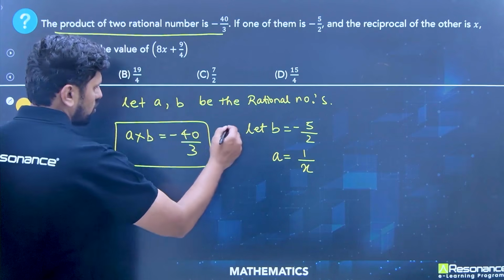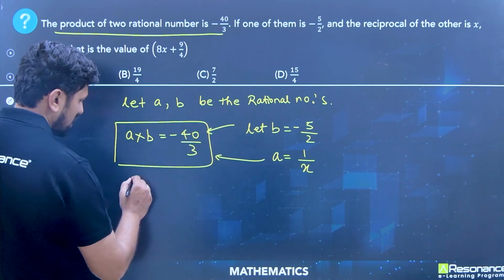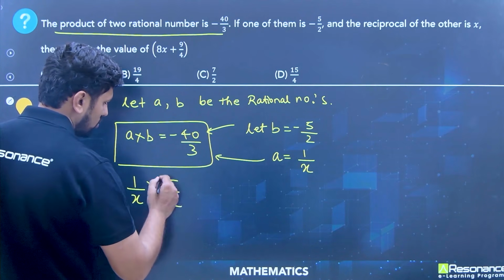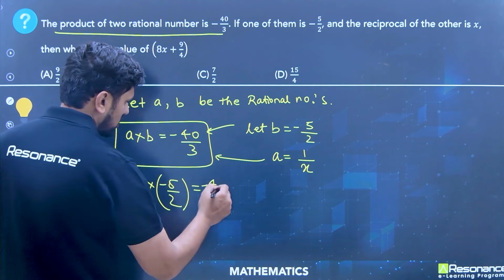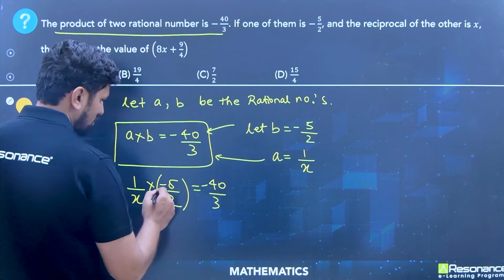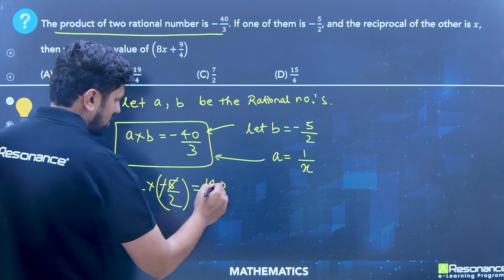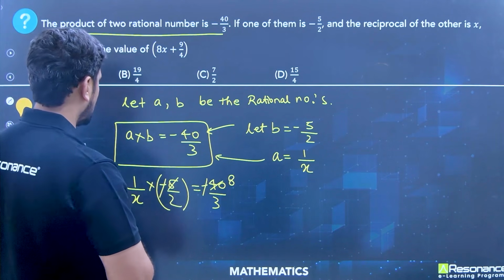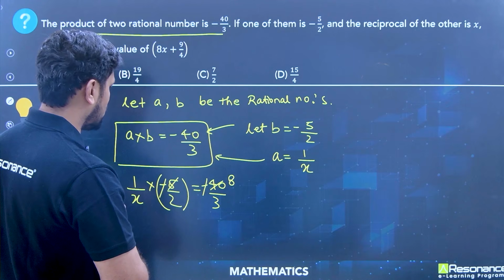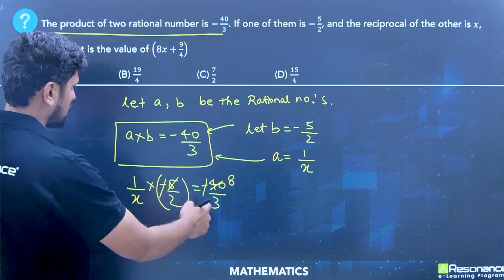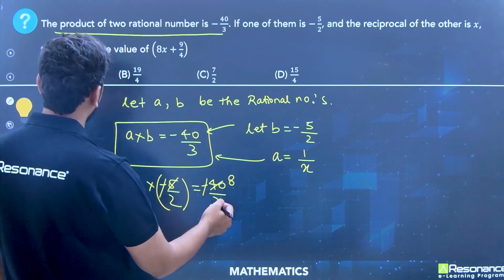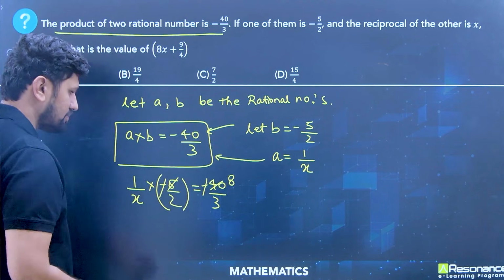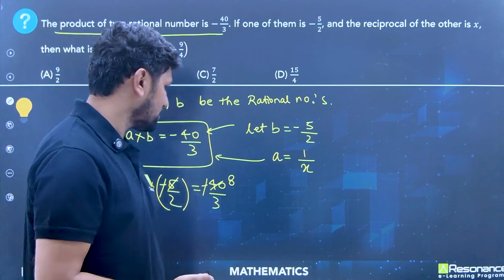Put both the values here. So 1 by x into minus 5 by 2 will be equal to minus 40 by 3. Minus minus got cancelled. This is equal to 8. So that will be, I have done something, okay, now this is also getting cancelled. Okay, so 5 8s are 40. So how much we will get?